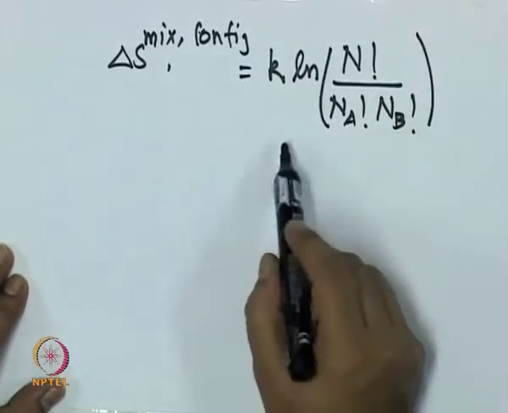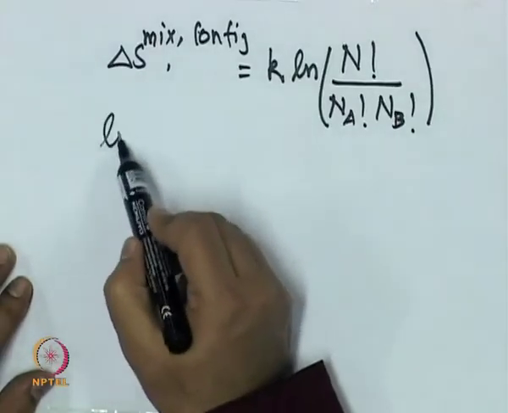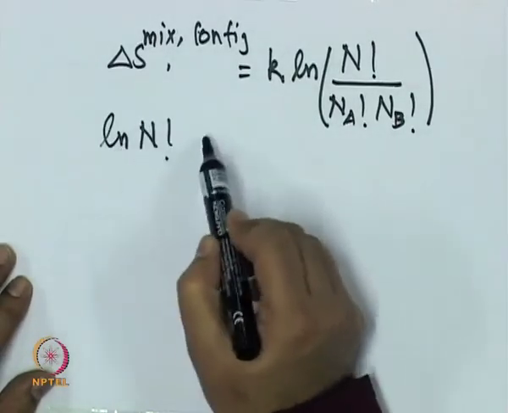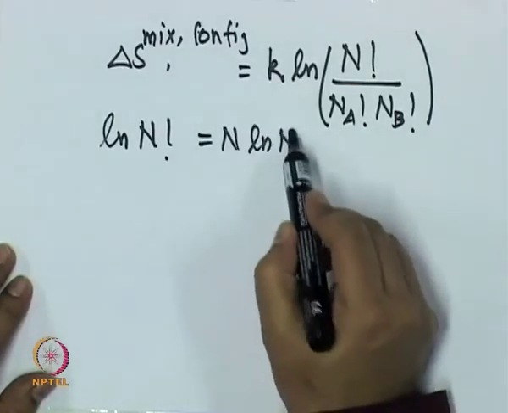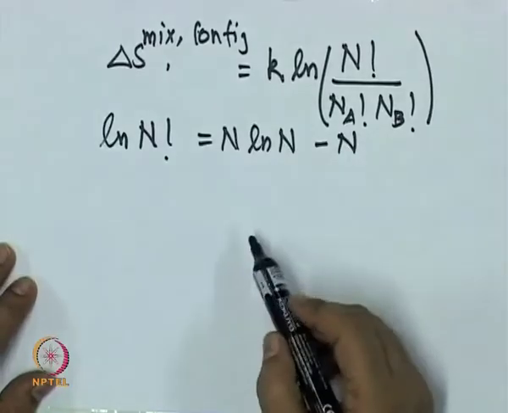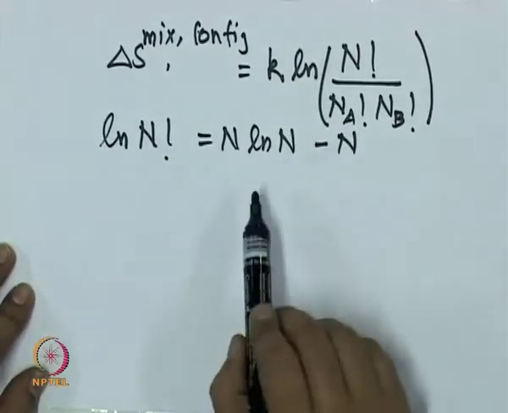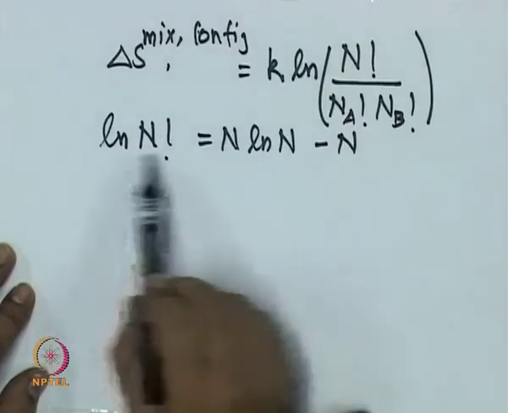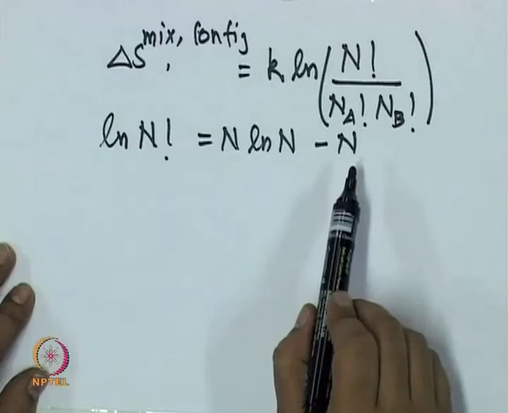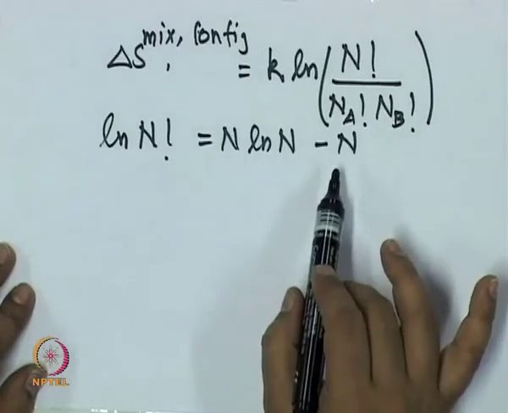Now, we use an approximation called Stirling's approximation. Stirling's approximation says logarithm of n factorial is n logarithm of n minus n. This is a very good approximation for large n. In fact, we will do another tutorial to find out for what value of n this approximation is good. But for now, let us say that this approximation is good.